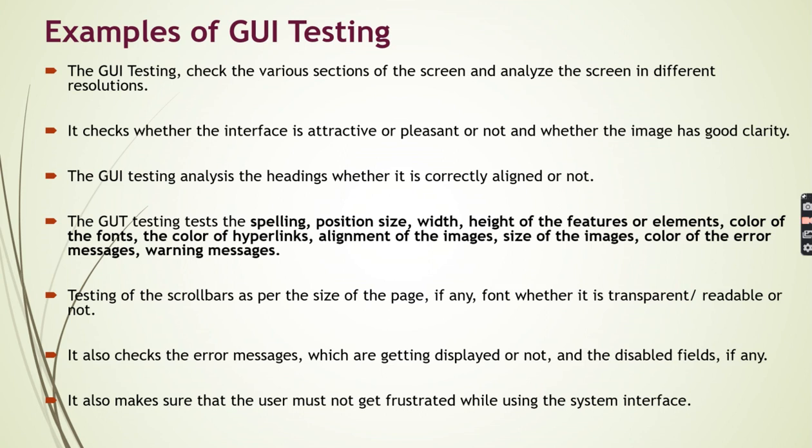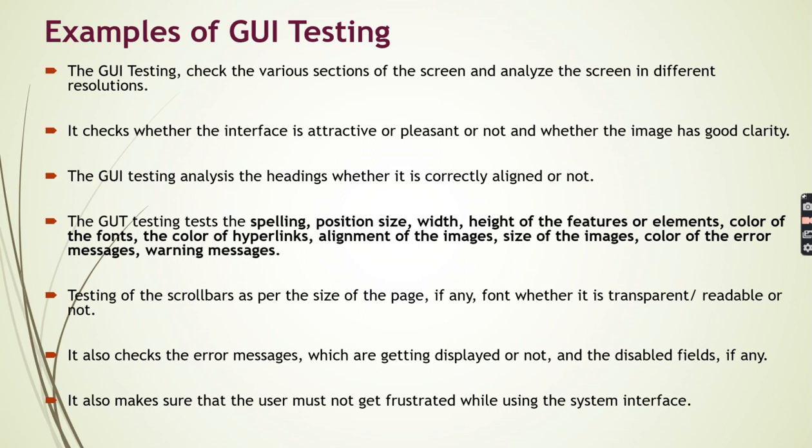Example of GUI testing. After describing the graphical user interface, we can state that GUI testing is a method of testing which is used to validate the GUI of the product. Let's see the various elements or objects which can be tested under GUI testing.